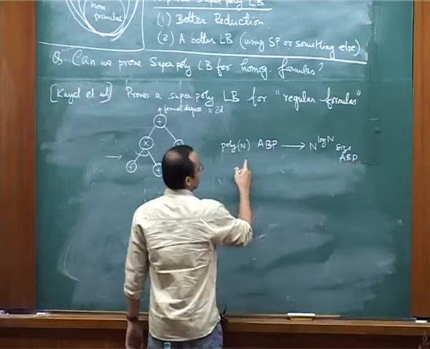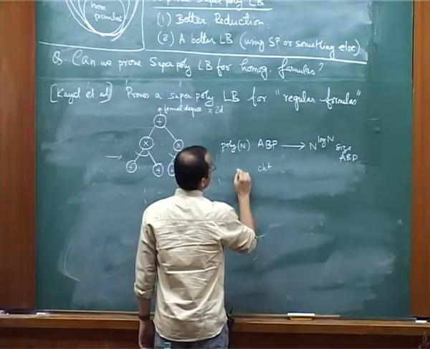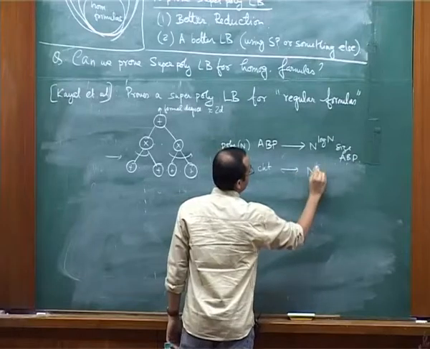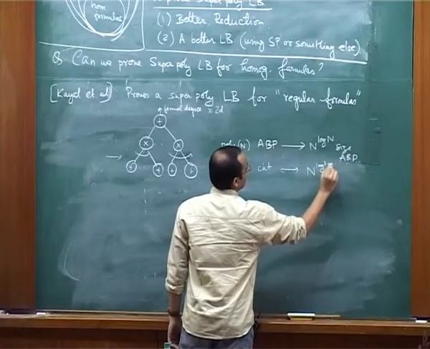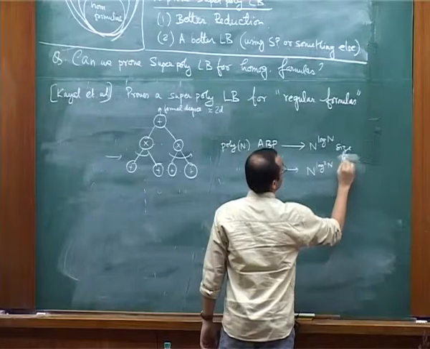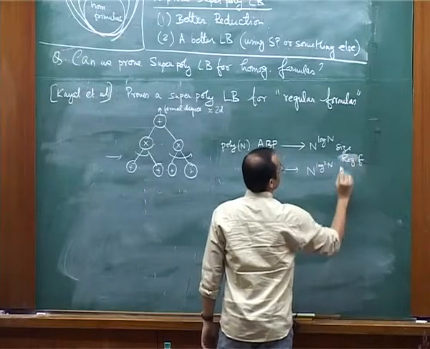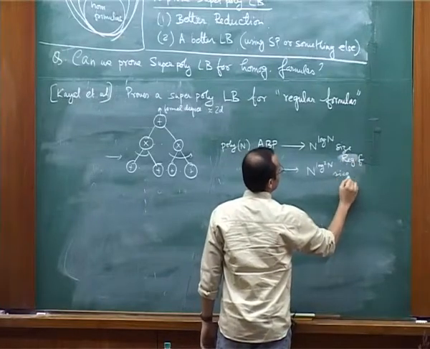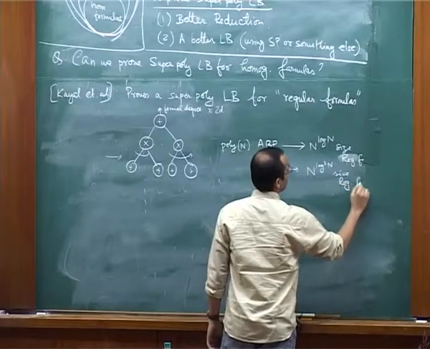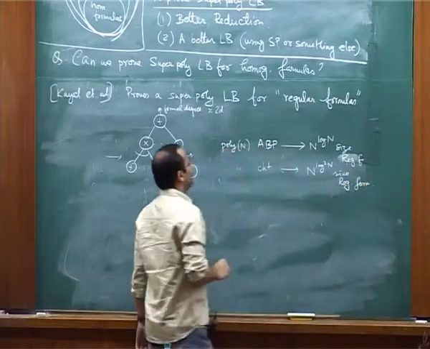And it's not just ABP. If you start with a poly-sized circuit, again, you can convert it to regular formulas, of this much size.